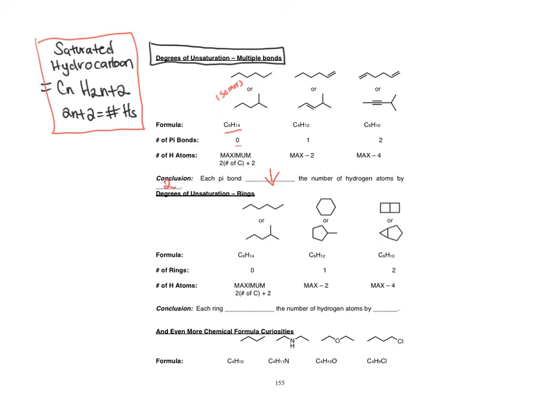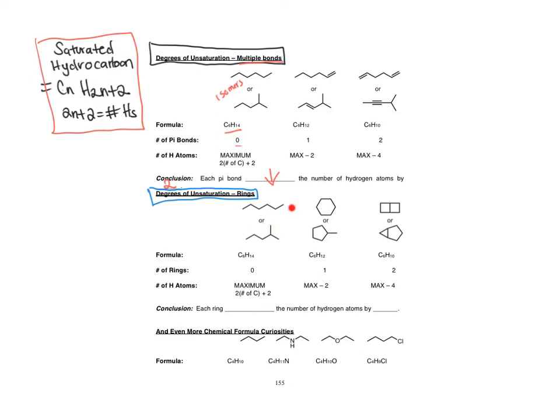Now, multiple bonds do this, but so do rings, and we will have seen that in our previous studies when we were trying to come up with other constitutional isomers, realizing that rings don't work. So once again, let's use hexane as our model, C6H14, that satisfies CnH2n+2. As soon as we have to connect the ends to make a ring, we have to make another bond to these carbons. They're bonding to each other.